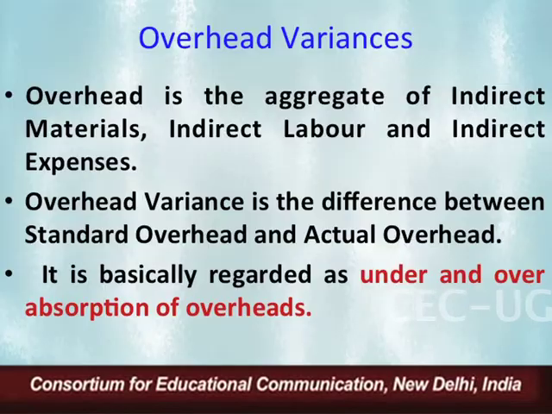But there are certain differences, which you can call a fundamental difference, between the other two components and this particular component of our cost, that is called overhead. Now what is overhead? Overhead is basically a combination of indirect material, indirect labor and indirect expenses.